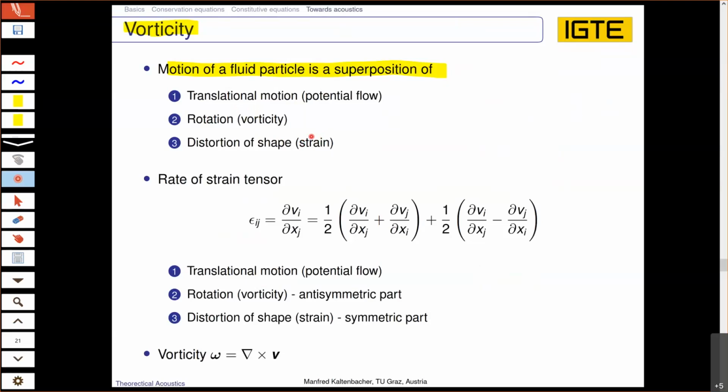And the strains are introduced in the flow because a flow has a viscosity. So these are due to the viscous forces within a flow.